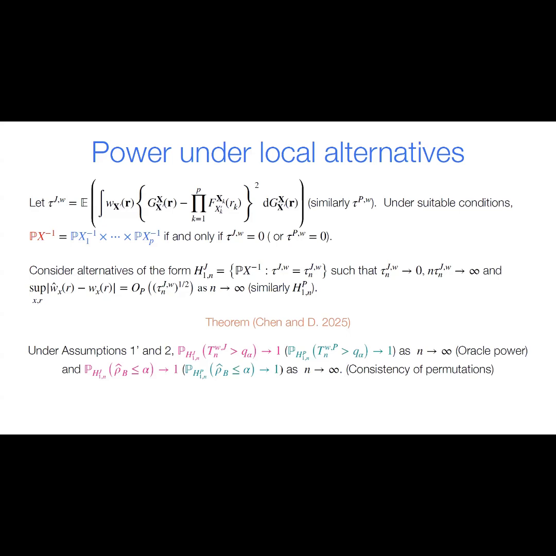That is, they are shrinking to the null, but not at a very fast rate, like n times this one goes to infinity. And as long as you have this kind of a departure from the null, both our asymptotic and the permutation tests are guaranteed to have full power as n goes to infinity. Of course, these are all large sample results.